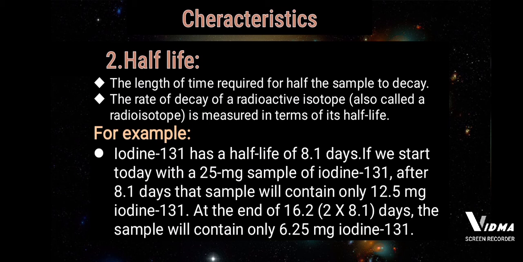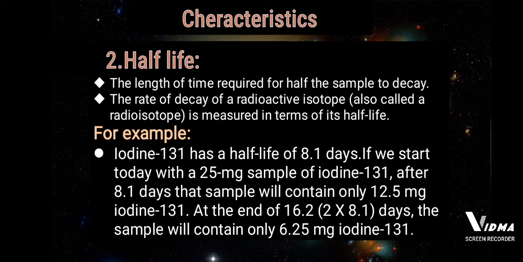Half-life is defined as the length of time required for half of the sample to decay. The rate of decay of a radioactive isotope, also called a radioisotope, is measured in terms of its half-life. For example, iodine-131 has a half-life of 8.1 days.